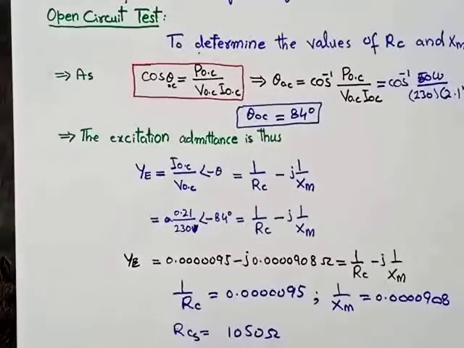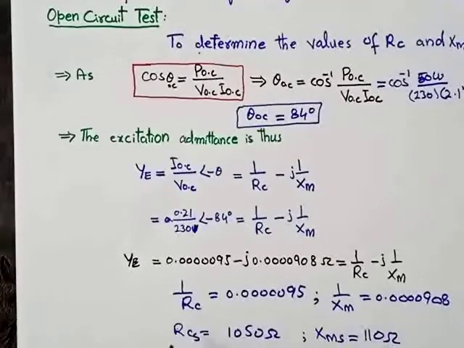The reason is that we perform the open circuit test of the transformer on the low voltage side. So in the given problem, the low voltage side is the secondary side. So that's why RC secondary is basically equal to 1050 ohm. After solving this equation, we get X magnetization reactance in the secondary side is equal to 110 ohm.